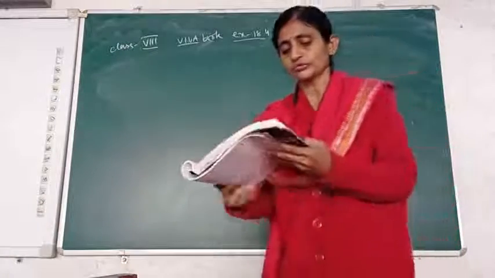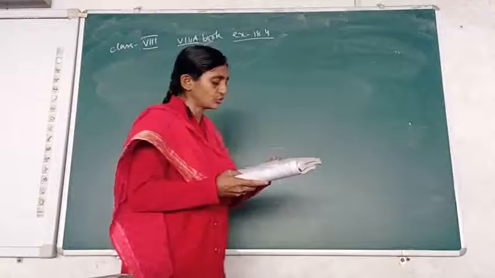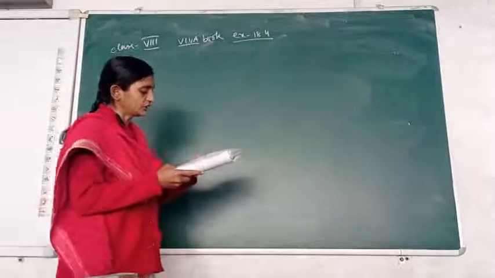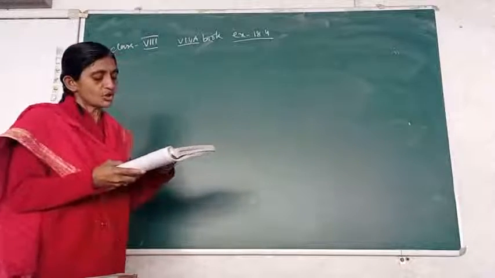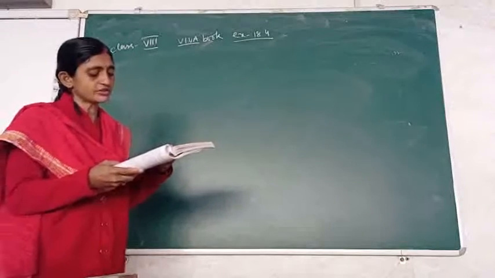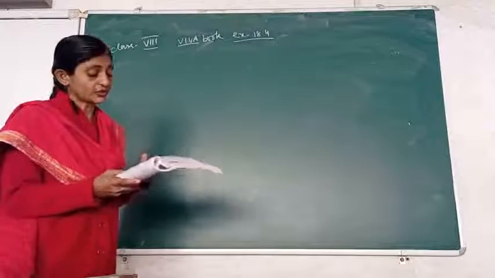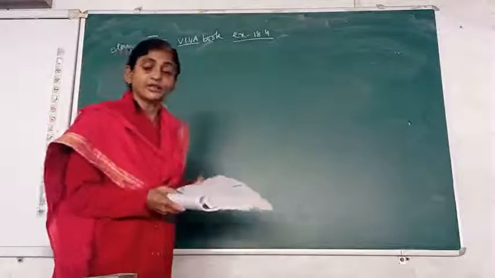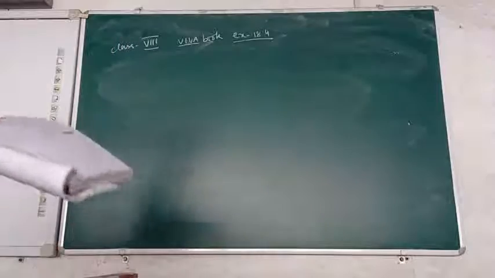Here in question number 5 it has been given, you can go through your book, the volume of 1 meter iron rod is 1386 centimeter cube and for that rod you are asked to find the diameter. So what can you do on that question?